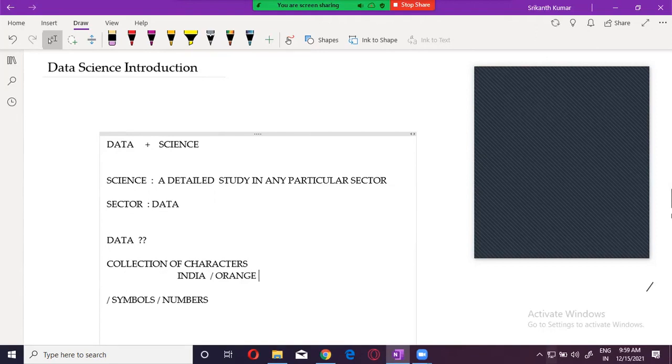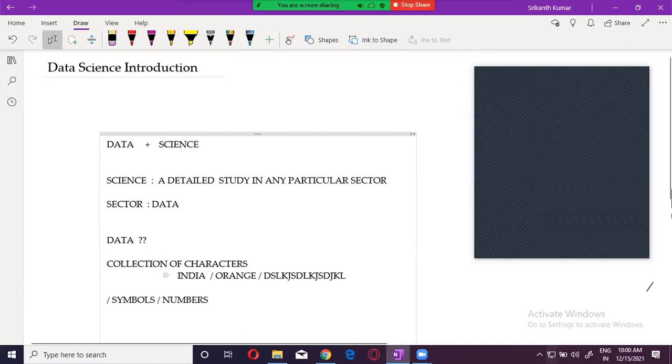Now, what is orange? It's a fruit which we eat. Now let's see this. What is this? Is this data? Yes, it is data. Data is simple terminology, guys: collection of characters, symbols, and numbers.